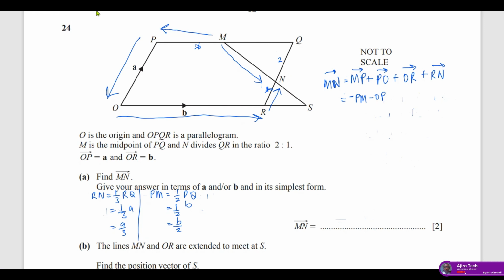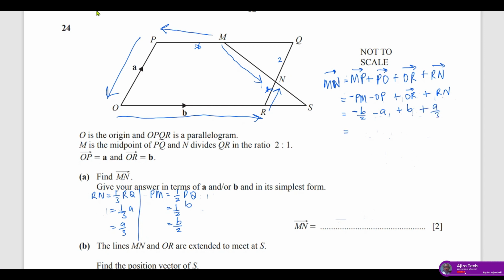Then RN is still RN. So this one, negative PM, is negative B over 2. Negative OP is negative A. The OR is B. Then RN is A over 3.